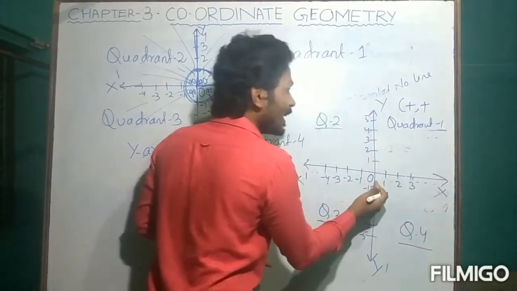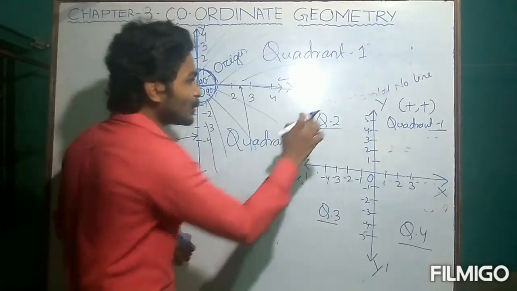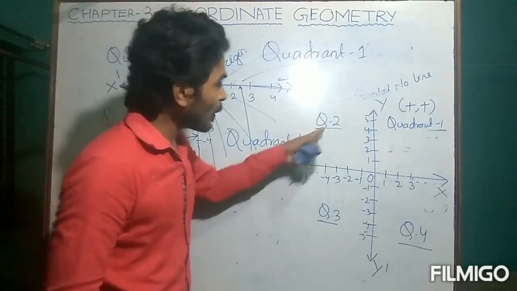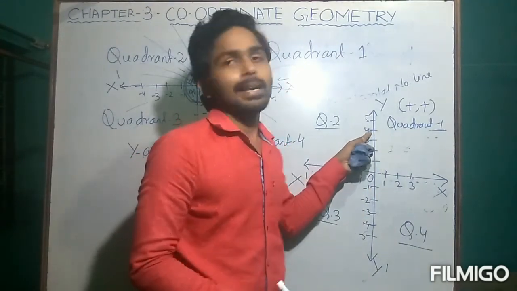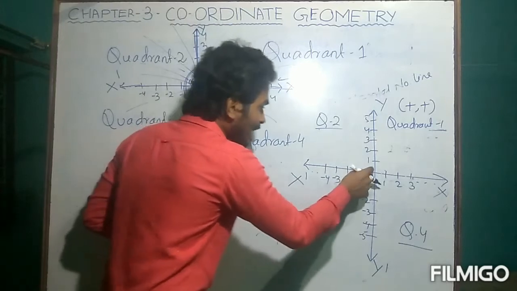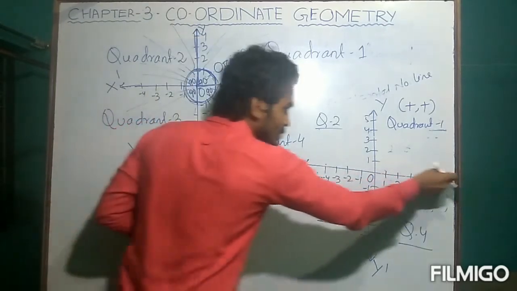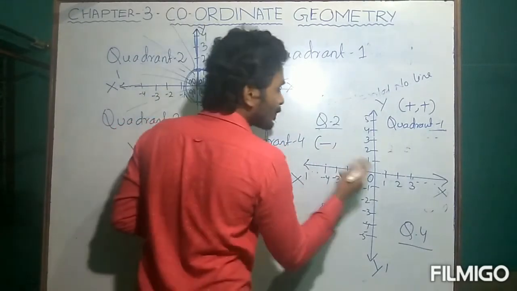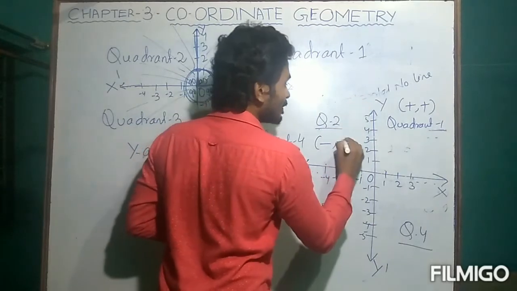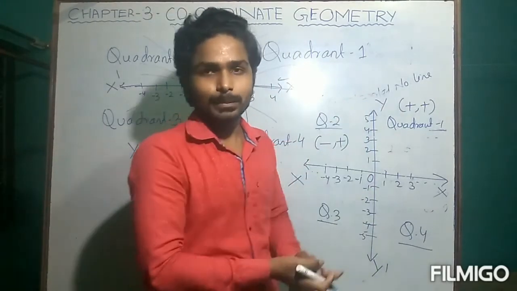Now in quadrant 2 you also have two axes. Here the x-axis is negative, -1, -2, -3, -4, but the y-axis is positive. So quadrant 2 has two values, negative and positive.